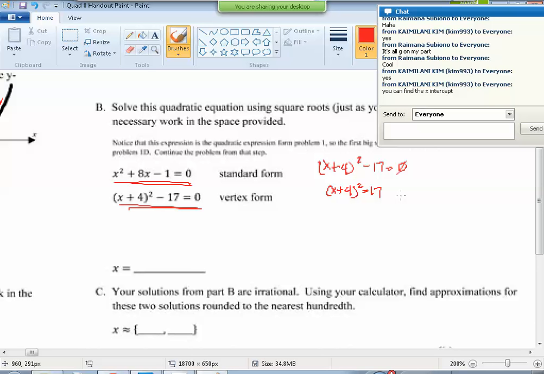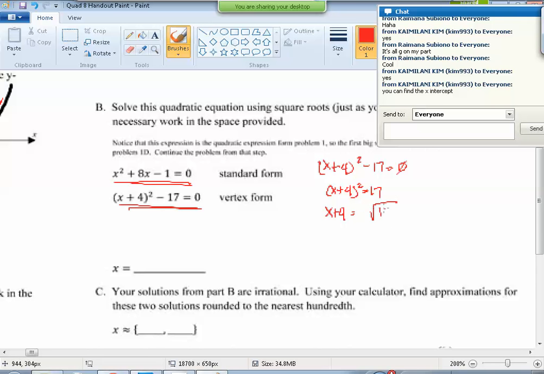Do you guys know? Okay, well, what is it that I need to do? Tell me. Square root both sides, right? So on the left side, I'll have x plus 4, because the square root will get rid of that square. But then on the right side, I'll have the square root of 17. Are we cool?